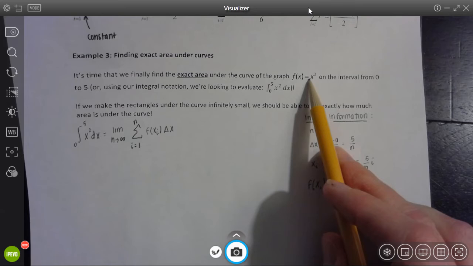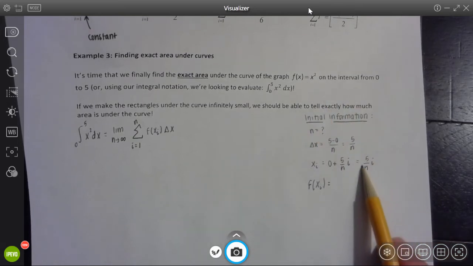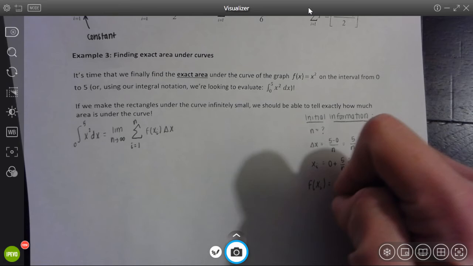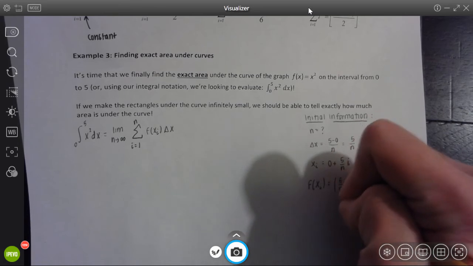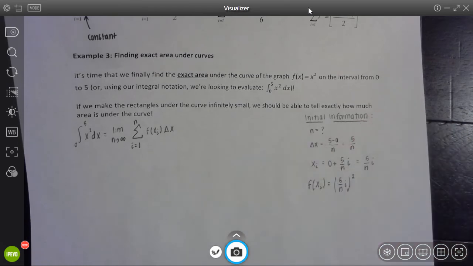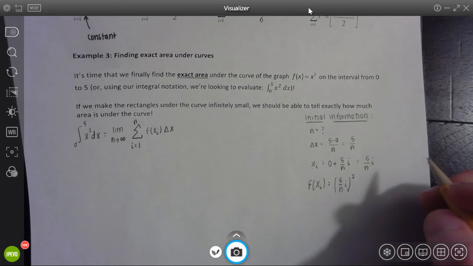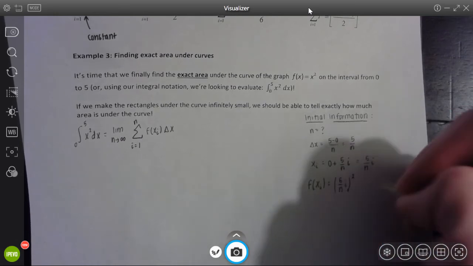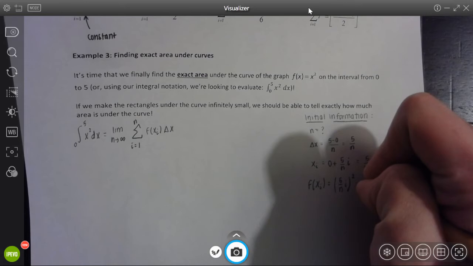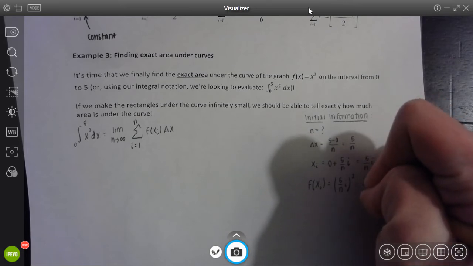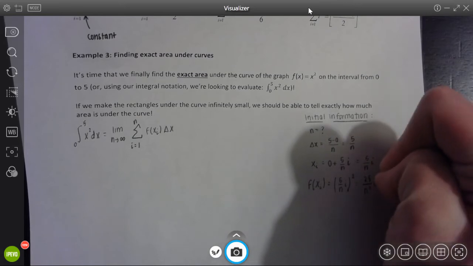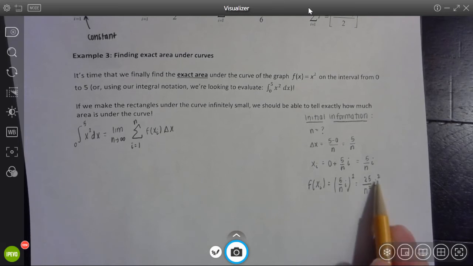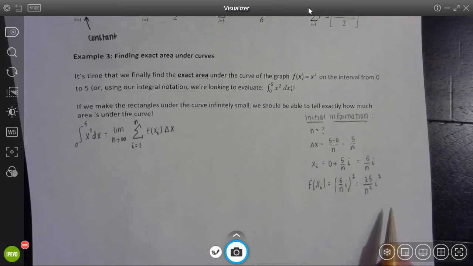Again, my function is x squared, so I'm going to replace the x with 5 over n times i. In this case, that really means that I'm going to be squaring everything in here because there's no plus or minus. So I can just apply the square to everything. So this is going to be 25 over n squared times i squared. So my f of x sub i is 25 over n squared times i squared.